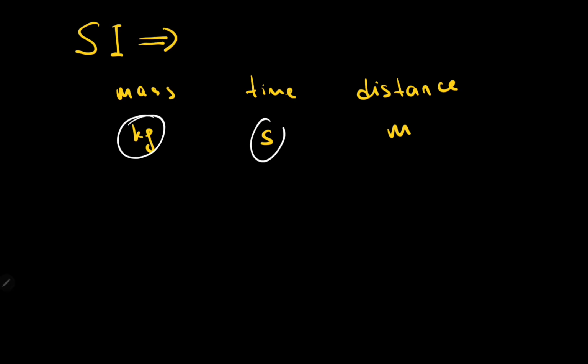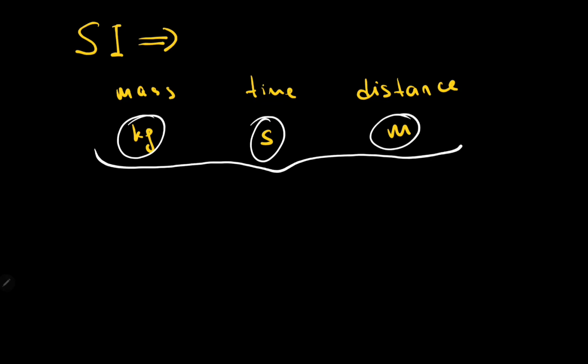Mass, kilogram, time, second, distance, meter. All other physical quantities, velocity, acceleration, force, can be described with these three main SI units. Okay, so don't forget about it. This is very important. So try to use SI units for all problems.